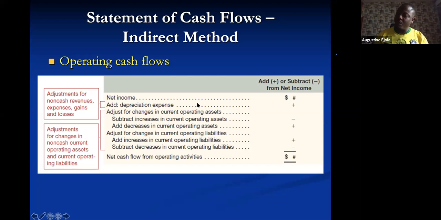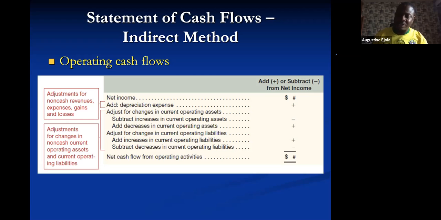So this 10 million, for instance, let's assume in 2019, the profit that the company made was 50 million net profit. All right. What we will do is add back the depreciation figure, which I said was 10 million. So we'll add it back and we'll now have 60 million. Why? Because this 10 million that we are adding back is not cash based.